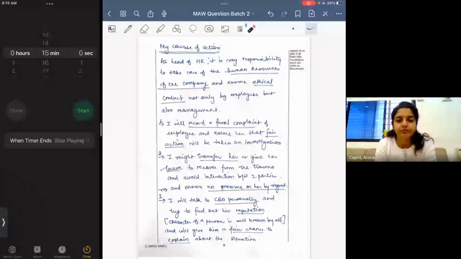Have a benchmark that you want to reach. That's what I'm providing you by this model answer that I write every day. See what all you can incorporate from this, either the presentation or the arguments or the ethical premises, the vocabulary. Keep taking them back and try to implement it the next day when you're writing the case study.